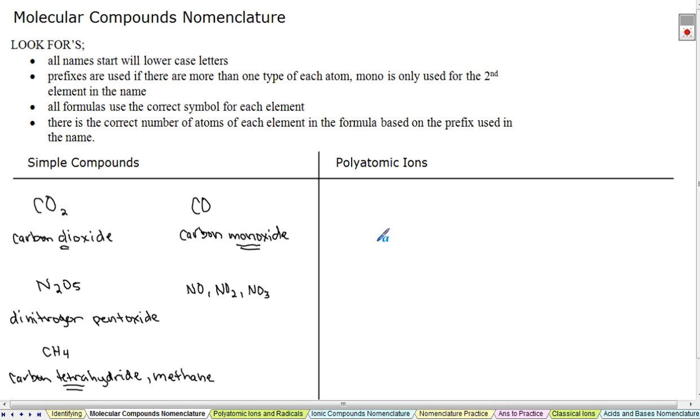Now, molecular compounds can also form polyatomic ions, and you might have seen these before. We noticed that in one of the compounds, you'll notice an NO3 group that has brackets around it. And you might ask yourself, well, what is that? What it turns out is that NO3 can bond together, nitrogen and three oxygens, and it can hold an extra electron.